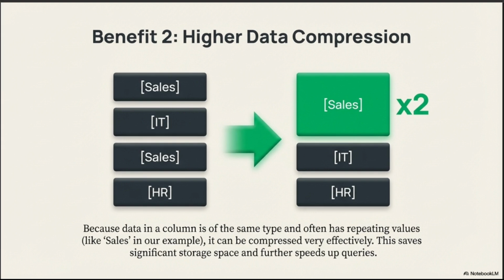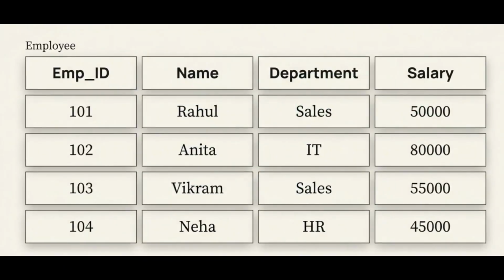Now a common myth, or a common confusion that arises in the minds of many people, is this: if we are storing sales once instead of twice, how will the system know which employee belongs to sales? For example, here 101 and 103 both belong to sales.